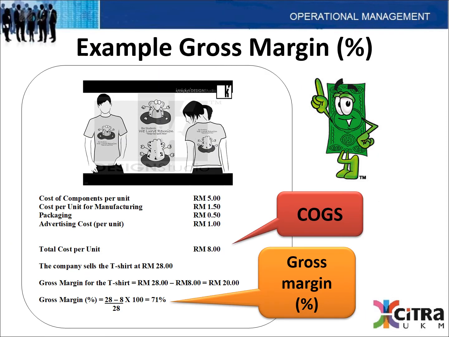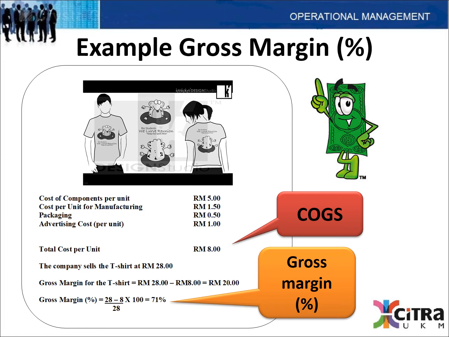Now here is an example for the gross margin. How do you calculate the gross margin? Just now you calculated the cost, which is 8 ringgit. The company sells the t-shirt at 28 ringgit.